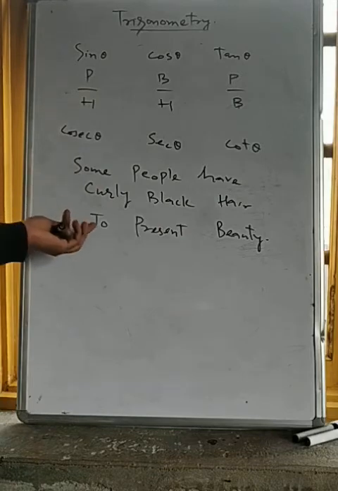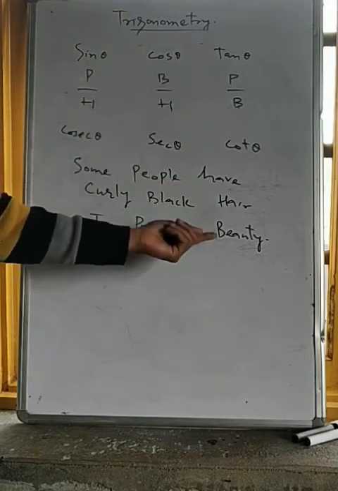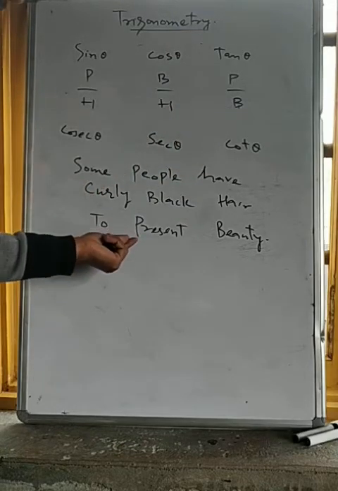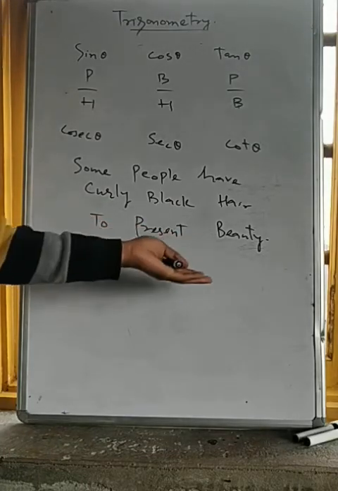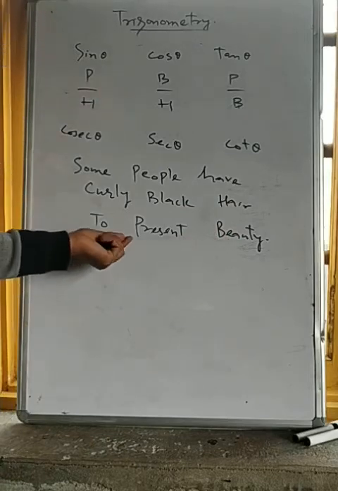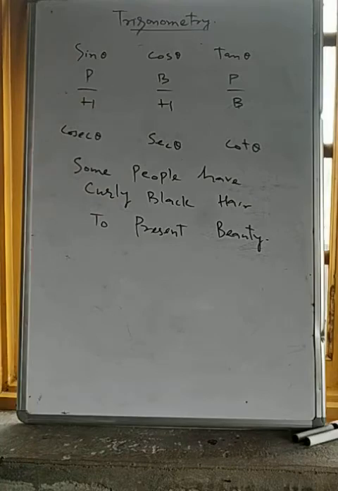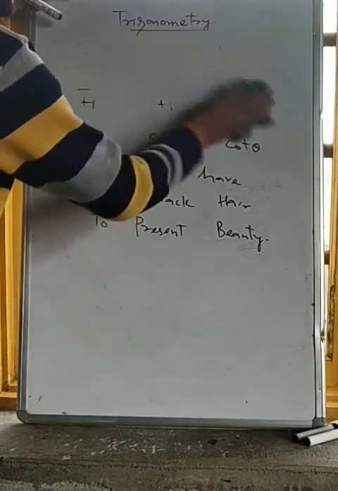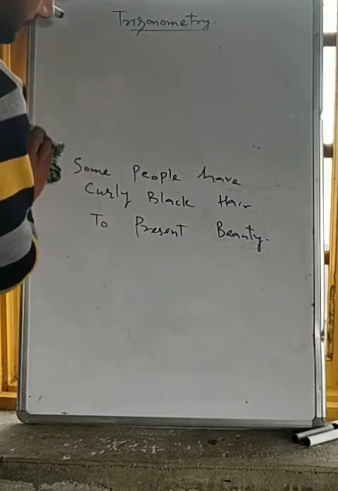Third, to stands for tan, present stands for perpendicular, beauty stands for base, which means tan theta is equal to perpendicular divided by base, and its opposite, which is cot theta, must be equal to base divided by perpendicular. So I hope you will easily memorize it by memorizing the sentence. Some people have curly black hair to present beauty.